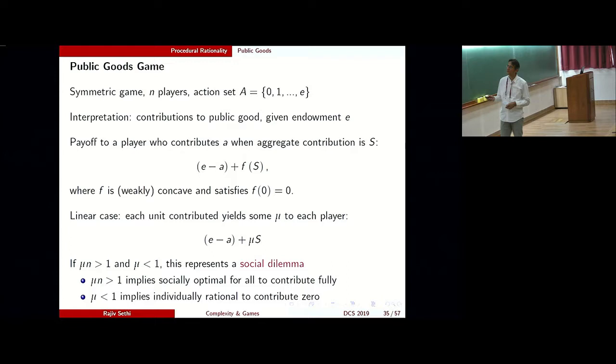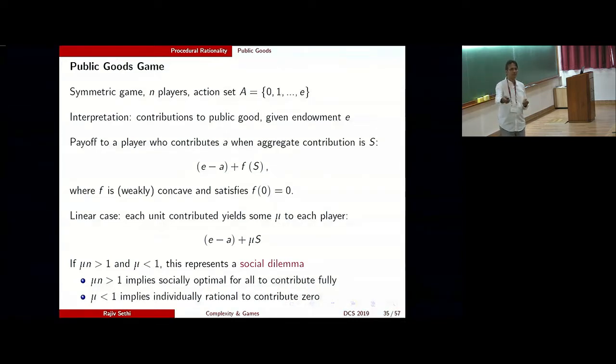Okay, what does sampling equilibrium look like? Here's the type that is often tested experimentally. It's a linear public goods game, where mu is the parameter that tells you the value to other people of your contribution to the public good. Suppose mu is less than 1. Every time I switch a token from private to public, remember, a token that I keep is worth 1 unit.